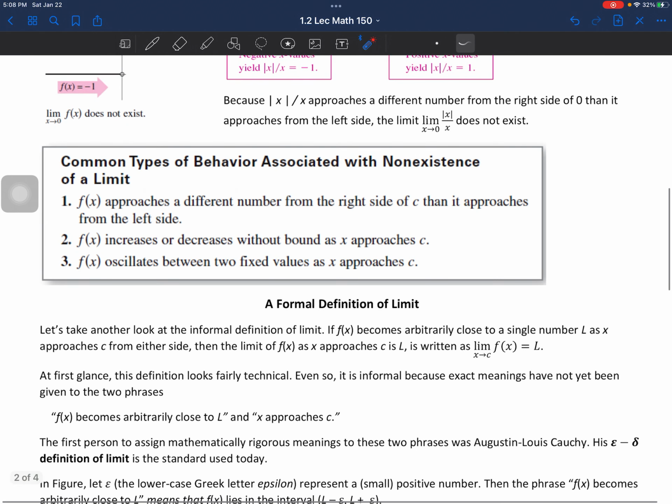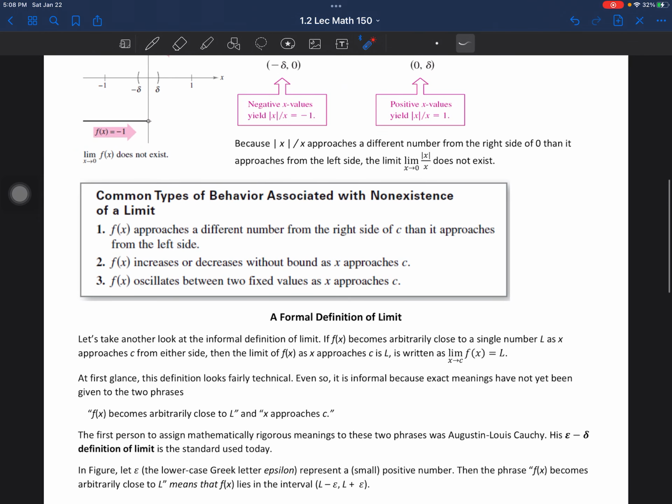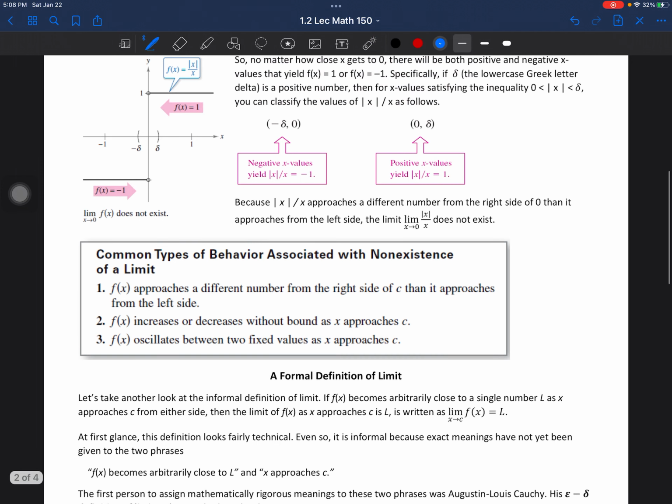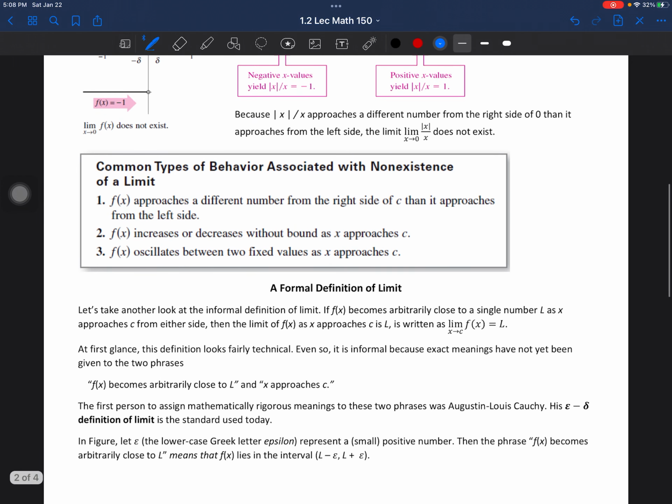The other one is that f of x is increasing or decreasing without bound as x approaches c. An example of that will be something of this form. And if you guys remember, in pre-calc, we talked about asymptotes, right?